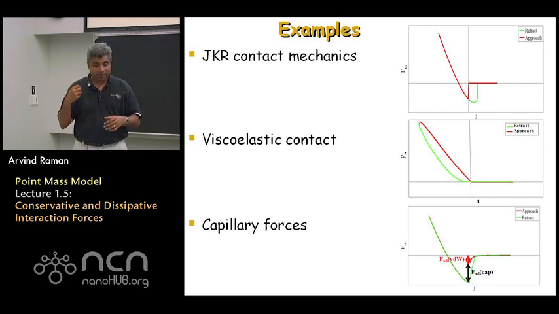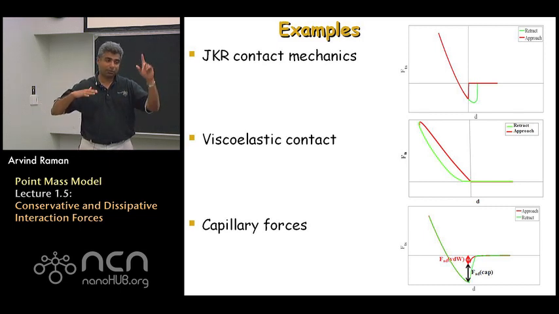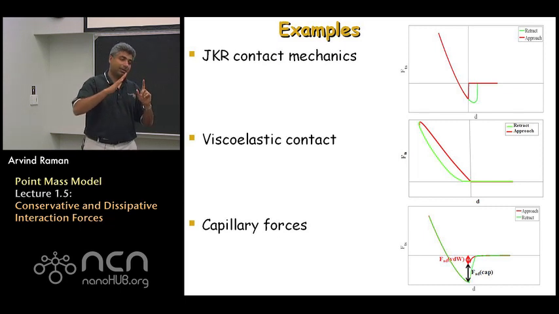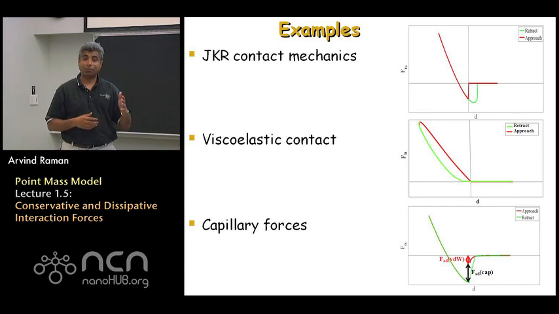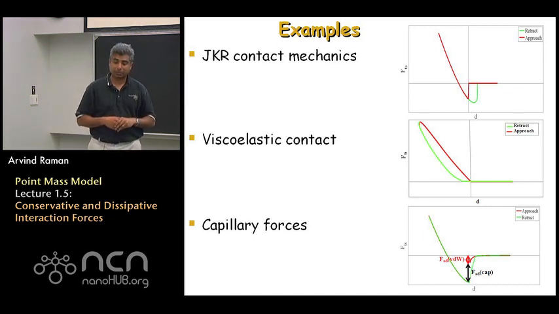As a result, when one goes in and comes out, there's a hysteresis in force versus D, the indentation. It follows a certain direction when you approach the sample and a different direction when you come out. Again, a hysteresis loop is formed in the F versus D, and the force now depends on whether you're approaching and indenting the sample, as opposed to retracting from the sample.